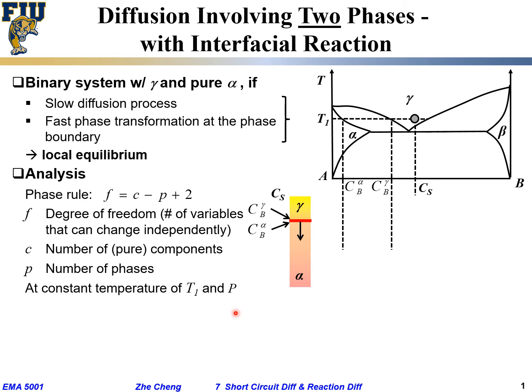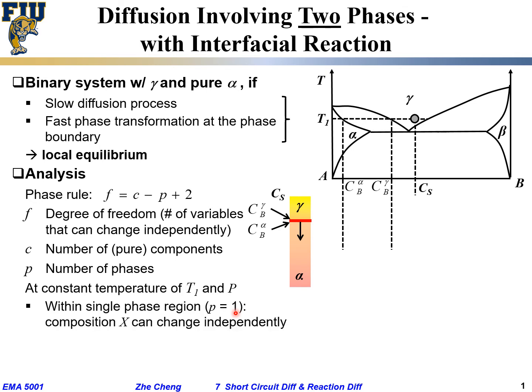For simplicity, let's look at constant temperature and constant pressure. It means, if we are within a single phase region for a binary system, what are we looking at? Binary, which means C is what?